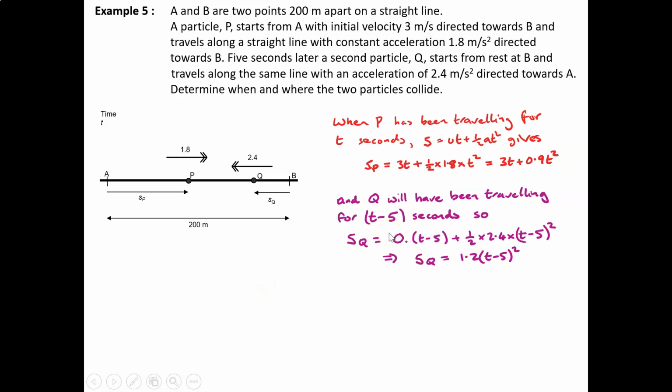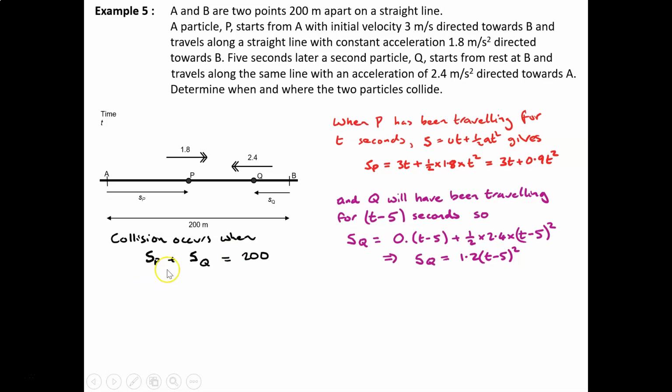It starts 5 seconds later. And so I'm taking positive for Q to be from right to left. So SQ would be 0, so 0 is u, times t minus 5, plus a half times 2.4 for the acceleration times t minus 5 all squared. So SQ is that expression.